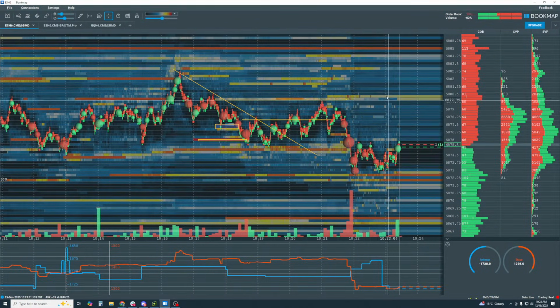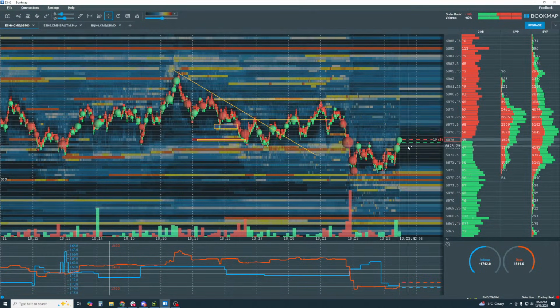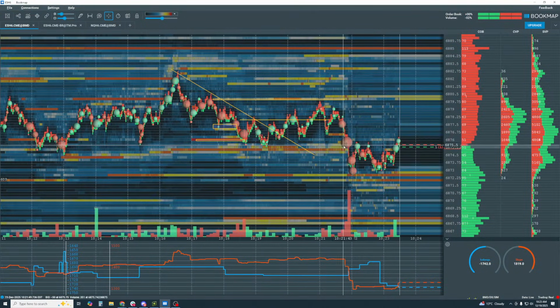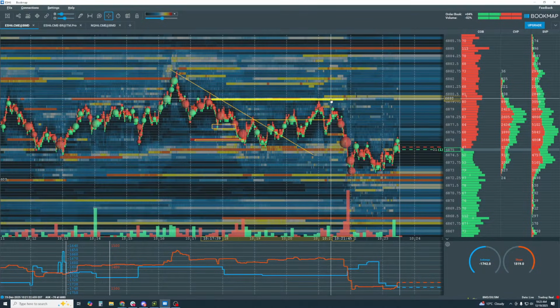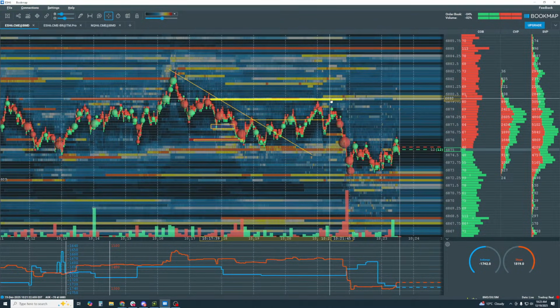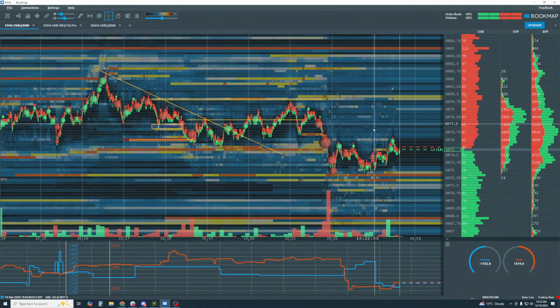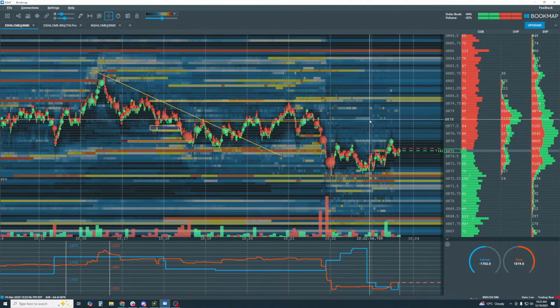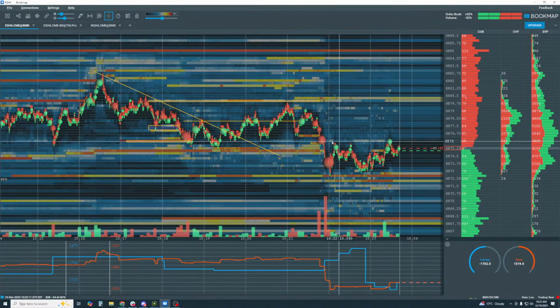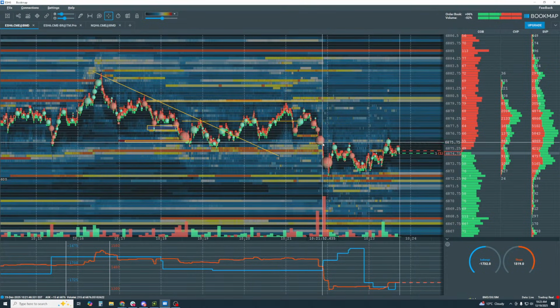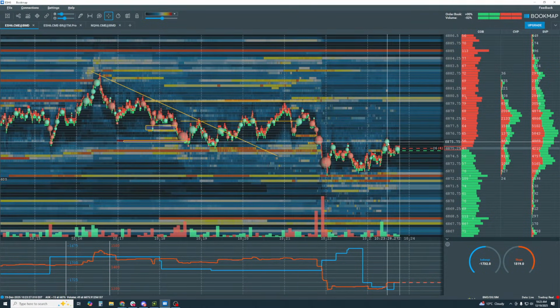Now that's one scenario. The next scenario is that this breakdown fails and we come back up into the range, or the other side of the range here. So far it's holding. We're still below where it broke out from here. It just tested up here now.